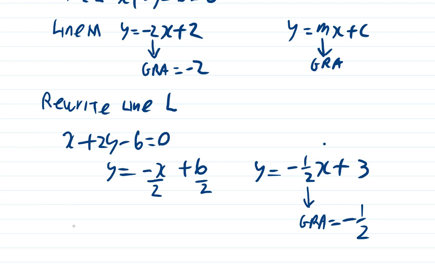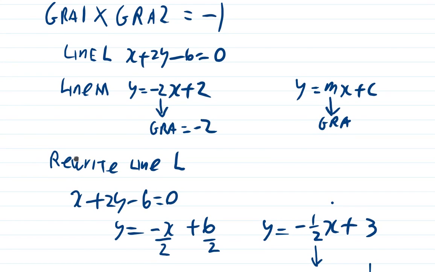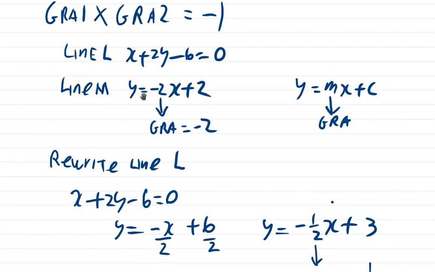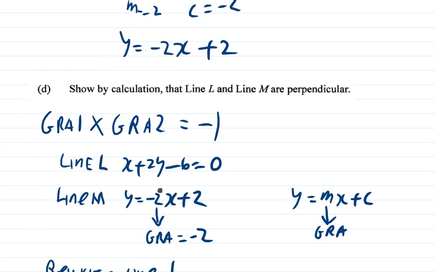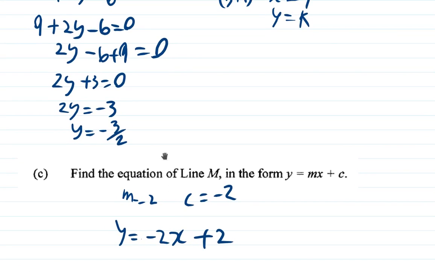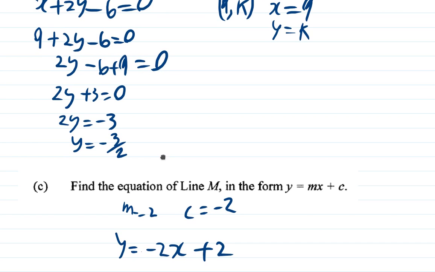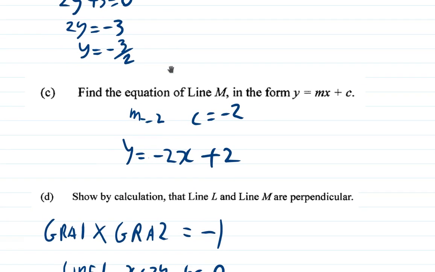So here now. What we have here is mx plus c. Where did I get the negative 2 from? Hold on. Oh, yeah. Negative 2x plus 2. That's what we got. So m is 2. Oh, it's the wrong thing I did. Just realized I made a mistake up here.